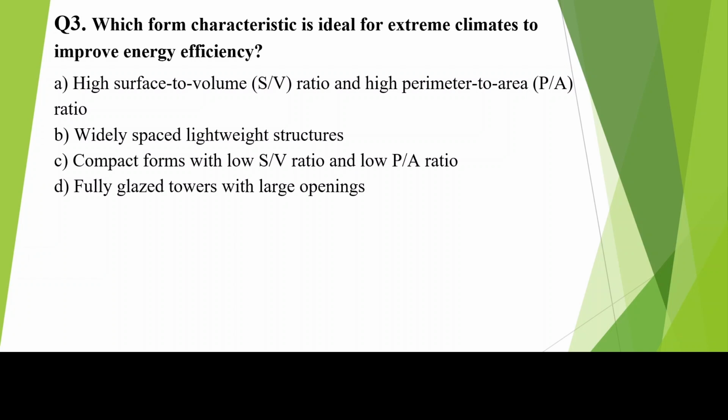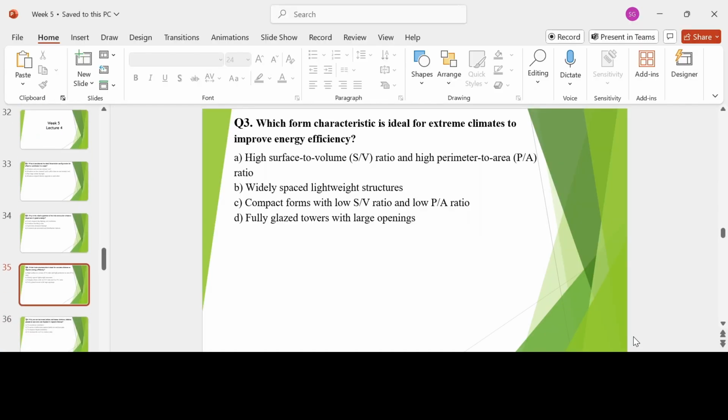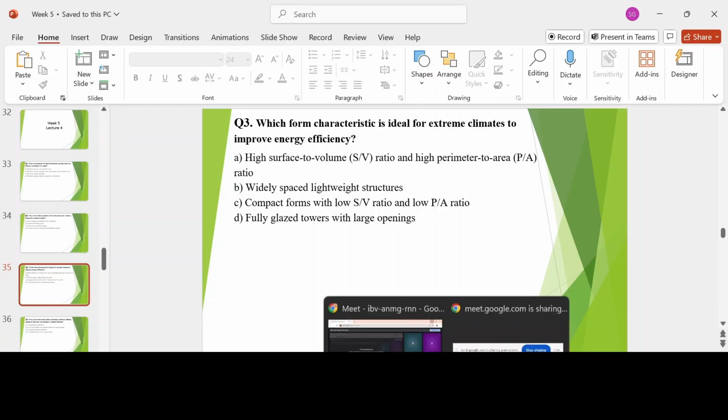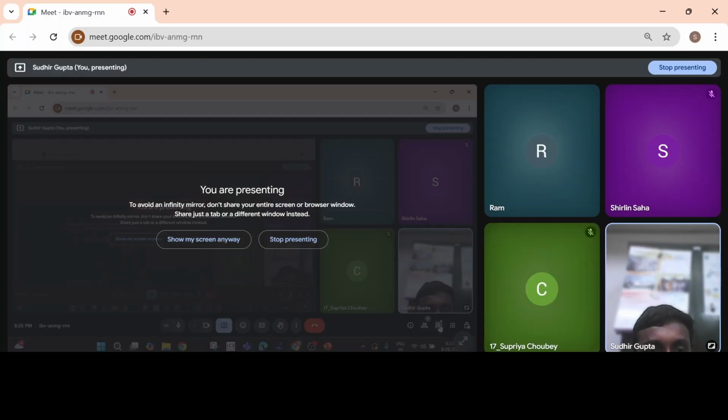Try to give the correct answer for question number 3. So let's see how many of you have understood the concept and how many of you are able to answer it correctly.